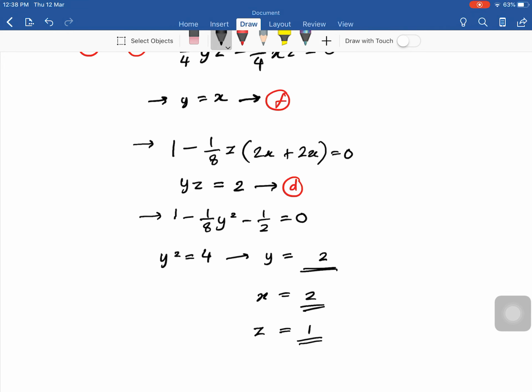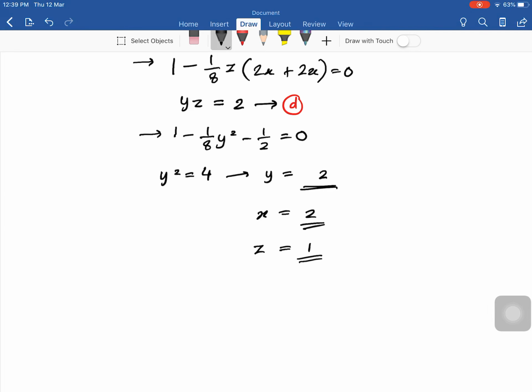Alright, so this is the value of the xyz in order to get the maximum volume of the cuboidal box with the constraint of 12 meter square surface area.